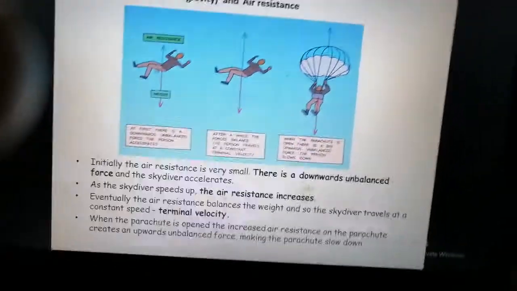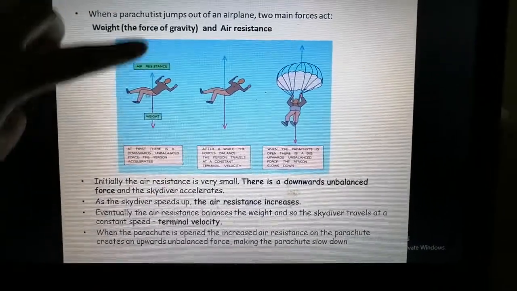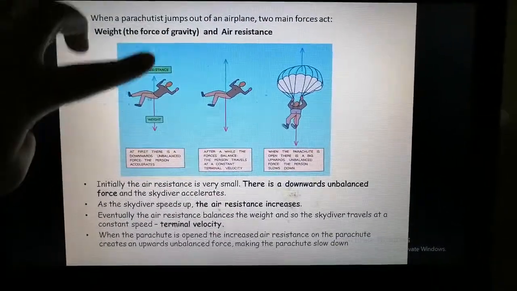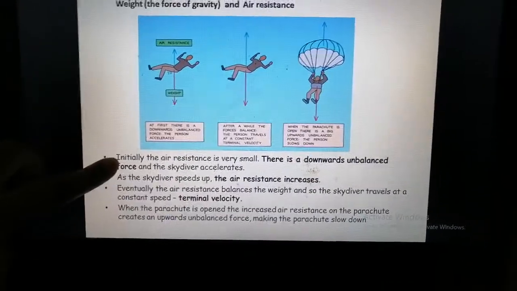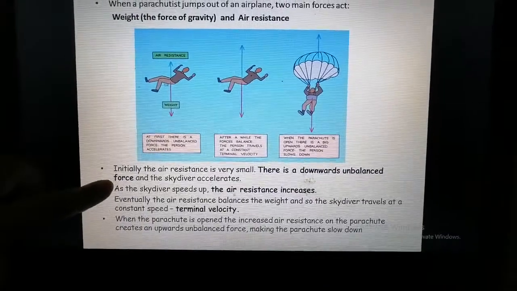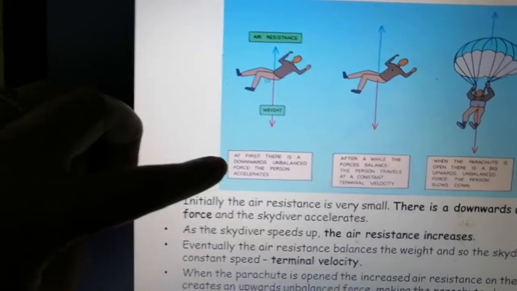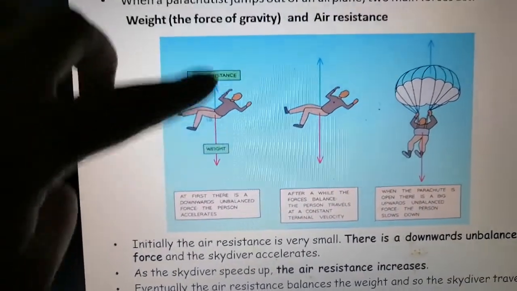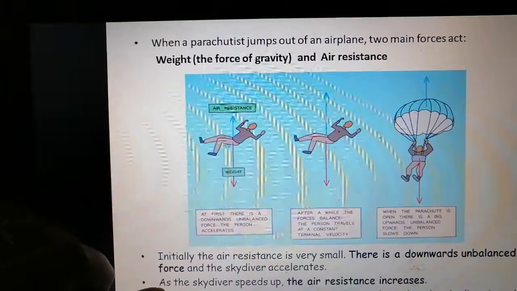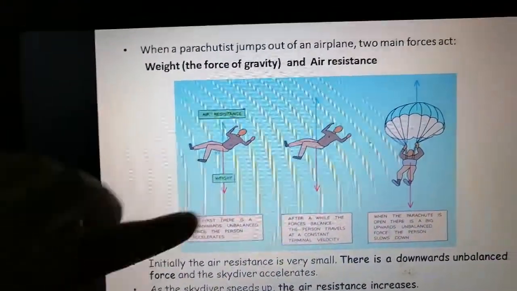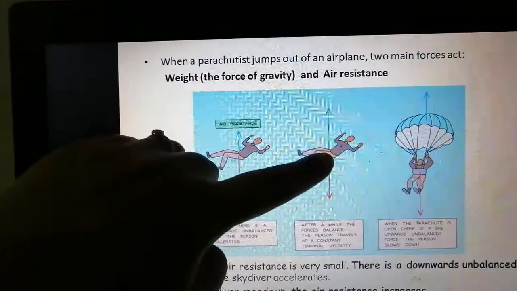Look at this problem. This skydiver is going down. Initially the air resistance is very small, so there is a downward unbalanced force and the skydiver accelerates. As the skydiver speeds up, the air resistance increases, because air resistance opposes the motion.